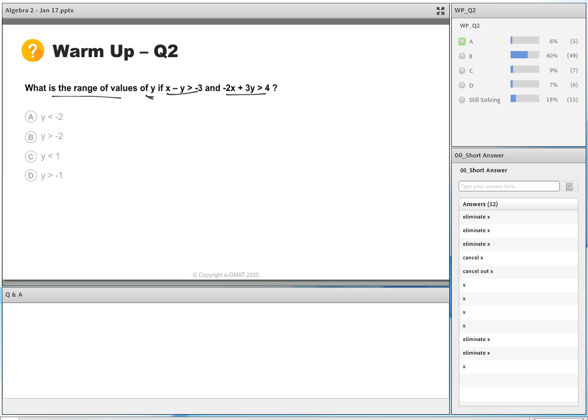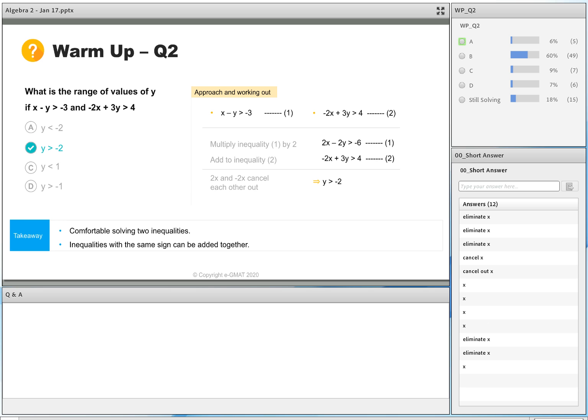So the two inequalities that I have with me are x minus y is greater than minus 3 and minus 2x plus 3y is greater than 4. Here I have a minus 2x, here I only have an x. So I need to multiply the first inequality by 2 to get plus 2x minus 2y is greater than minus 6.